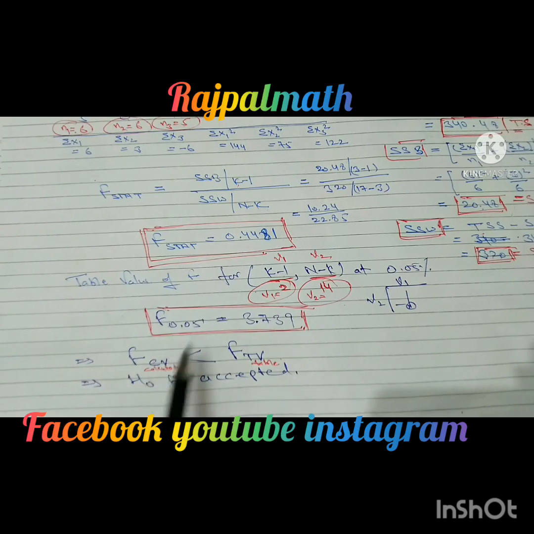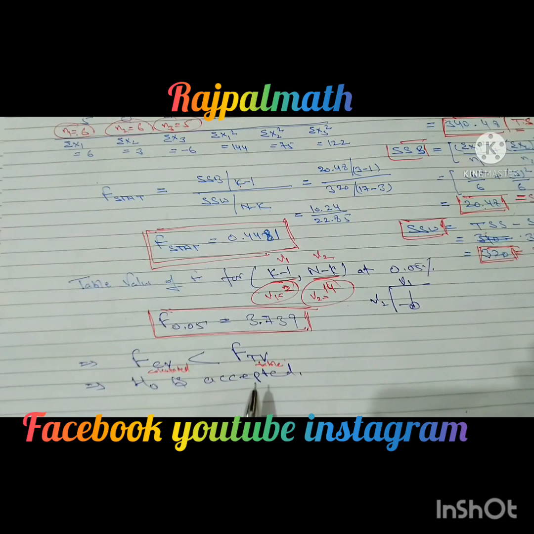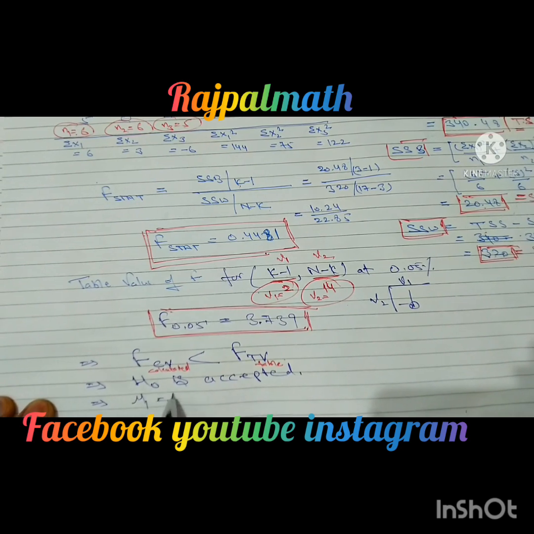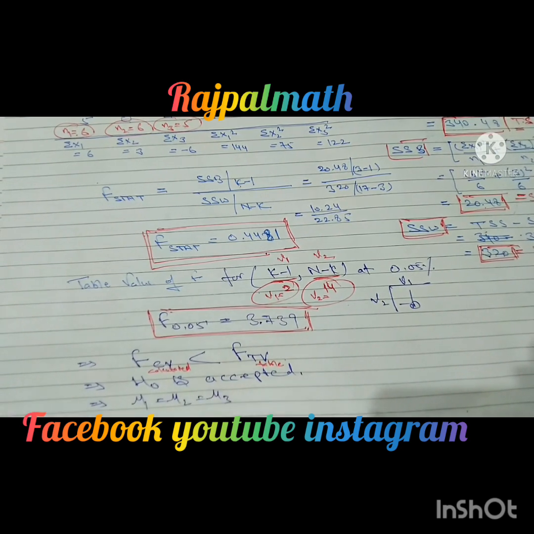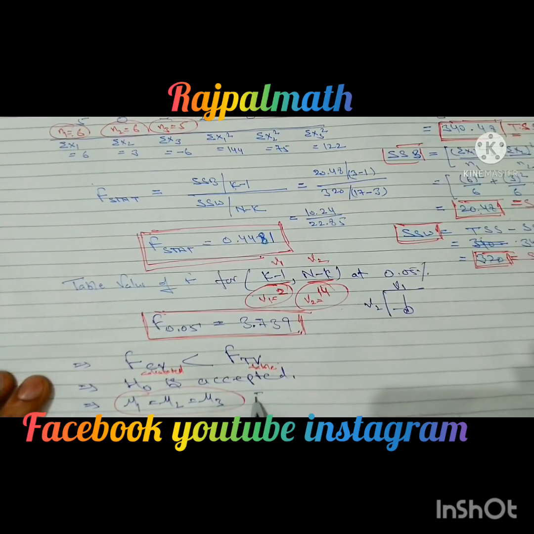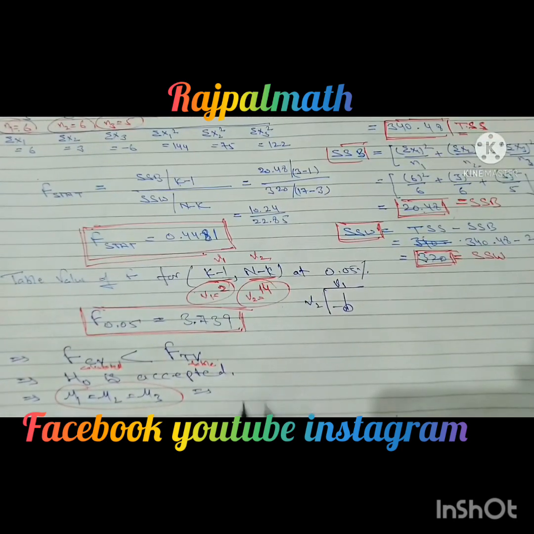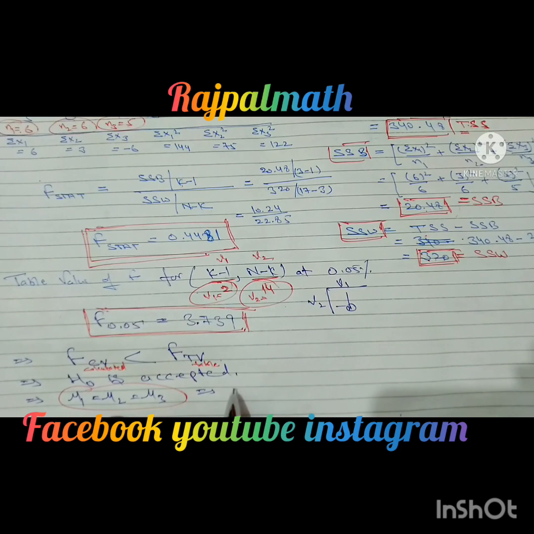If the calculated value is less than the table value, we can accept the null hypothesis, which implies mu1 equals mu2 equals mu3 by our assumption for the null hypothesis, which implies the 3 doctors are equal in making patients wait for the average time.